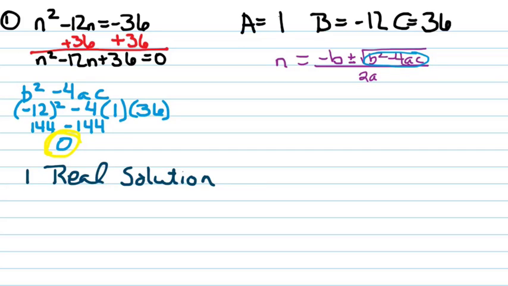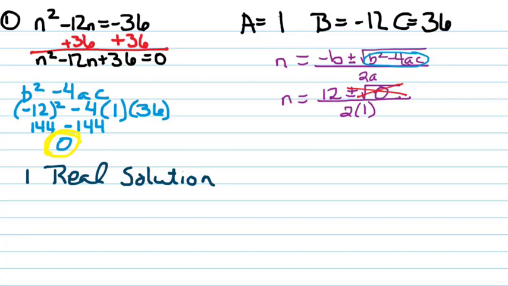And so when we plug in, n equals opposite b, so that's going to make it a 12, plus or minus the square root of 0, all divided by 2 times a, and the square root of 0 is nothing. So that goes away.